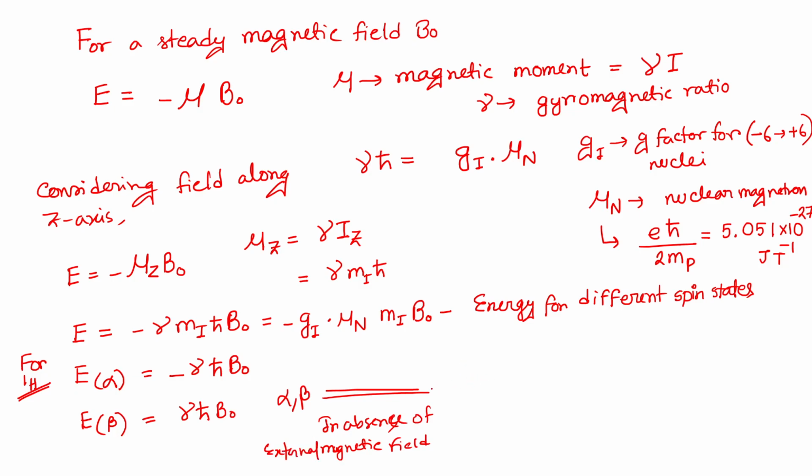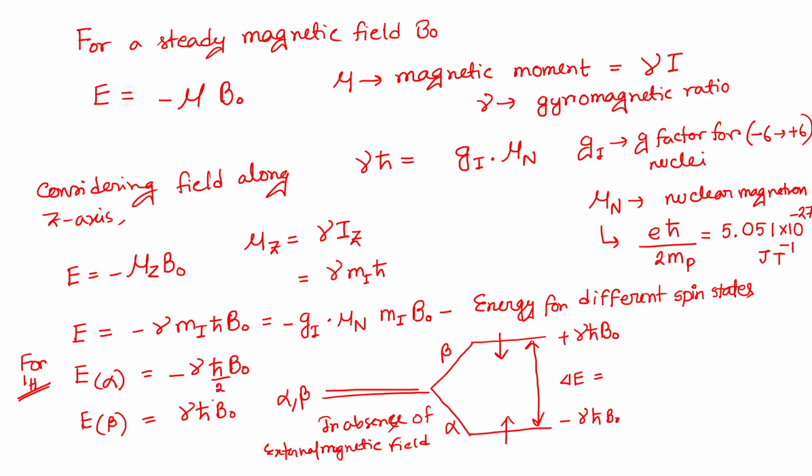When the magnetic field is introduced, the beta is going to destabilize, and alpha is going to stabilize. The energies are gamma H cut B0 with plus for one and minus for the other, and the energy gap delta E is given by... obviously I have made a mistake.